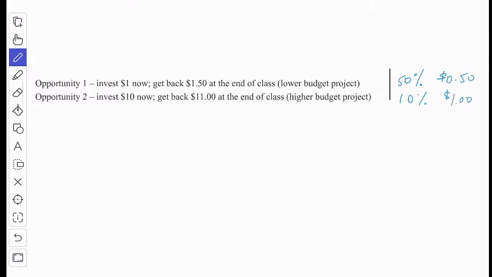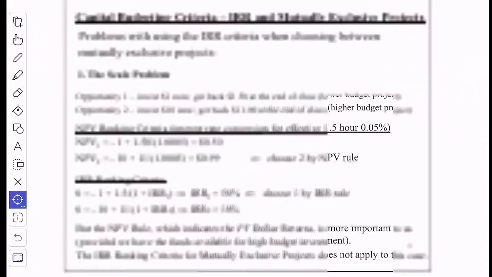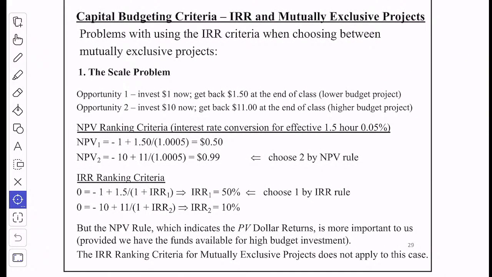So the problem, the blind spot, is that you're not recognizing that you're comparing apples and oranges. You're comparing different size projects, okay? So how do we resolve this, and what implications does that have for us using a percentage like the internal rate of return? So here's the example.